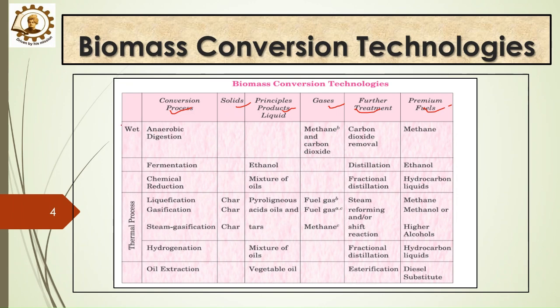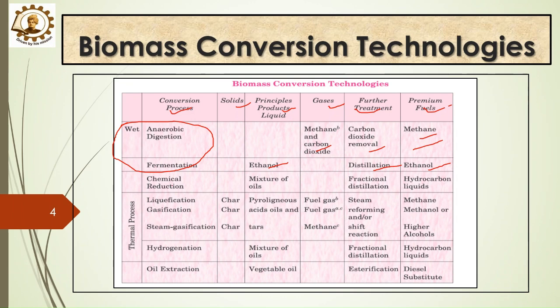So, wet process, it's very important, is divided into two parts, that is anaerobic digestion and fermentation. What we get is ethanol. As gases, we get methane and carbon dioxide. We remove the carbon dioxide so that we get methane, and in the fermentation process after distillation we get ethanol.